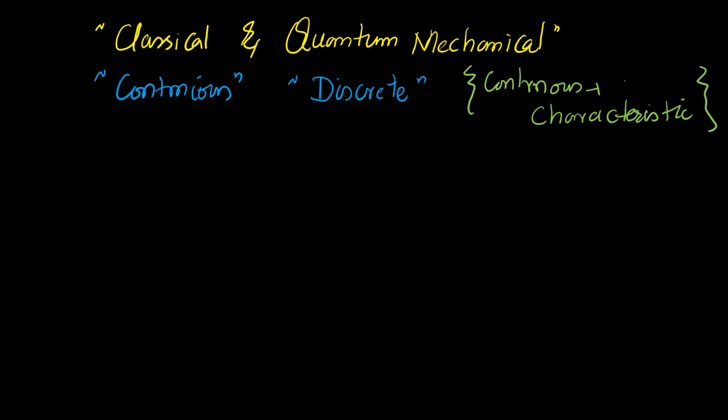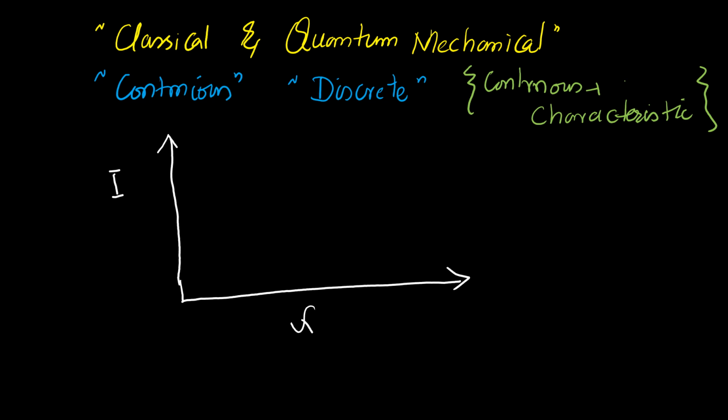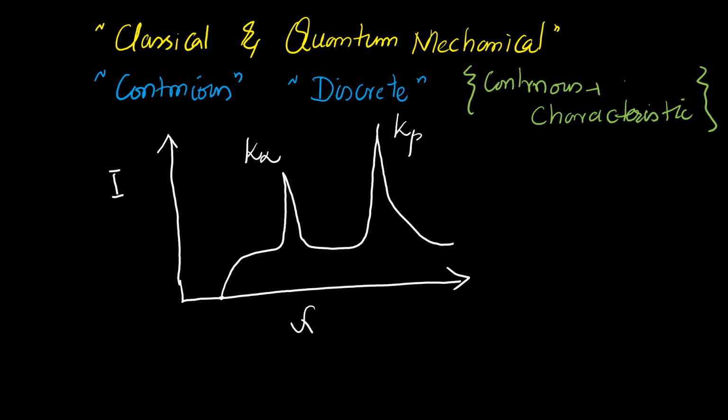So in reality, the graph produced in the production of X-rays between wavelength and intensity is represented like this, with K alpha X-rays and K beta X-rays.